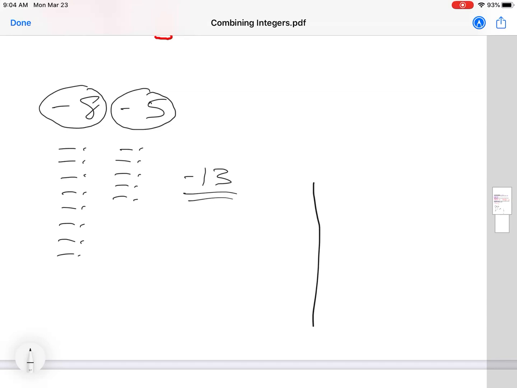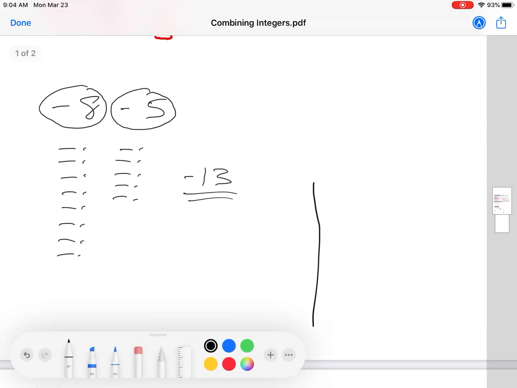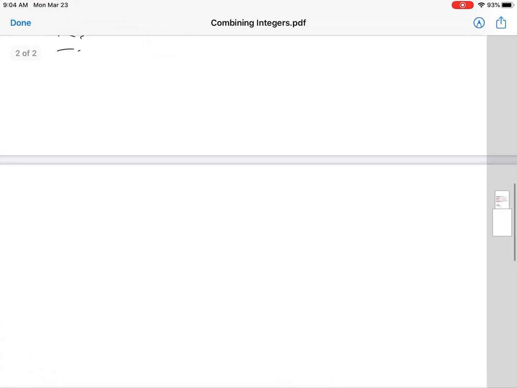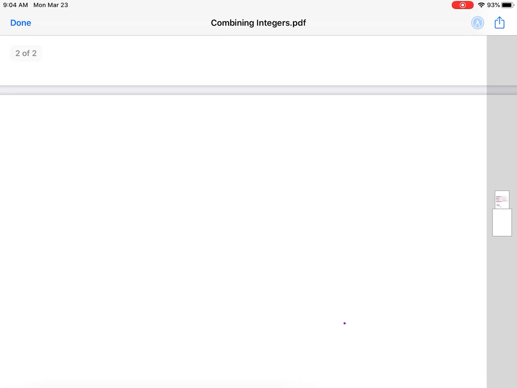Well, if we continue this idea, whoops, still getting used to this here. If we look at it in terms of numbers with different signs, let's take that as a negative 8 plus 5. Well, again, I want you to look at that as negative 8 and positive 5.